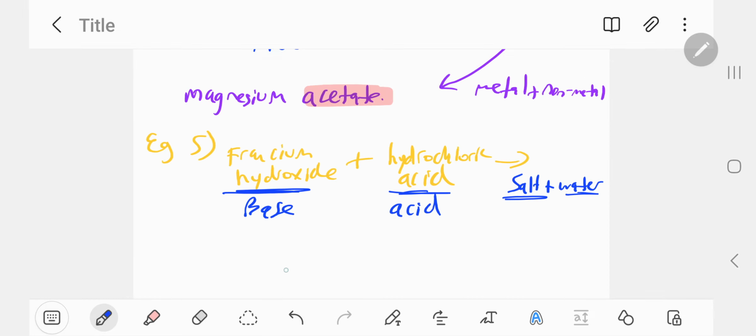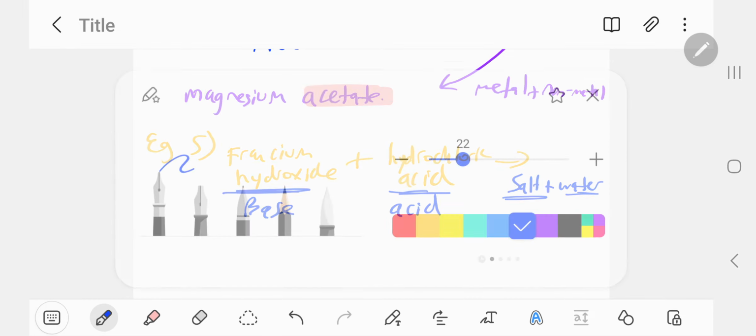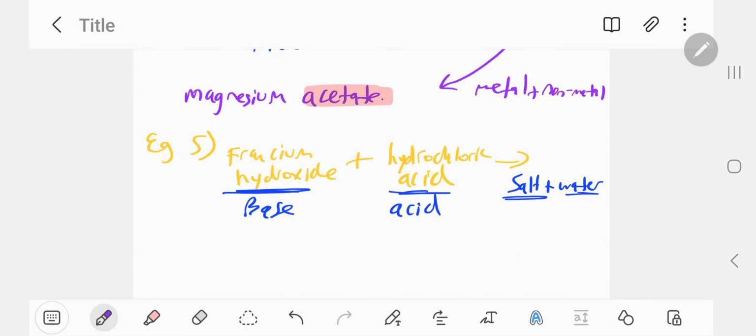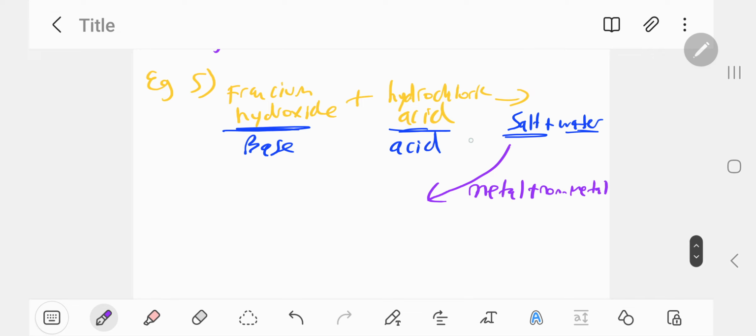Step 2, let's name the salt. Once again, I'm hoping you're noticing a pattern here with the naming, metal plus non-metal. The process is simple. For the metal, go to the base. The base is first here, so be very careful in an exam. You have to eyeball this. Francium is the metal.